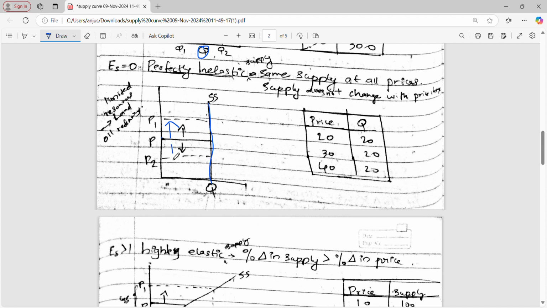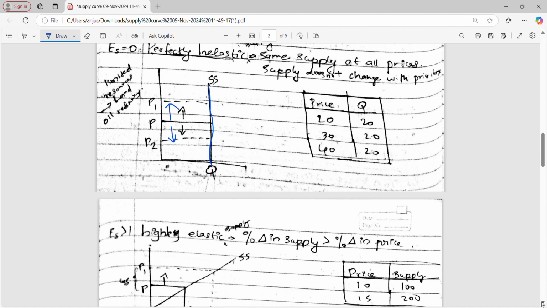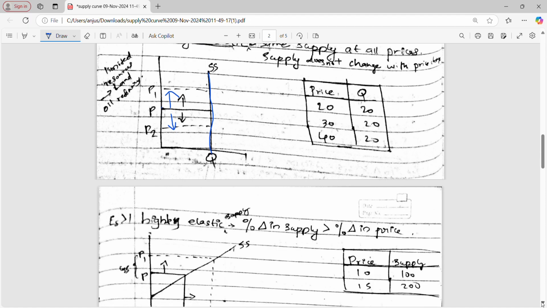This will be the case for limited resources like land, real estate, oil refineries and so on. For example, for a cent of land in a particular location, maybe in 2000 or 2002 it was 1 lakh rupees.